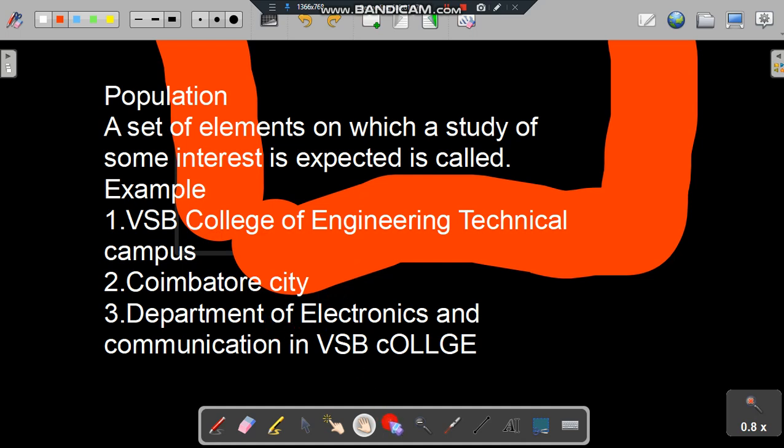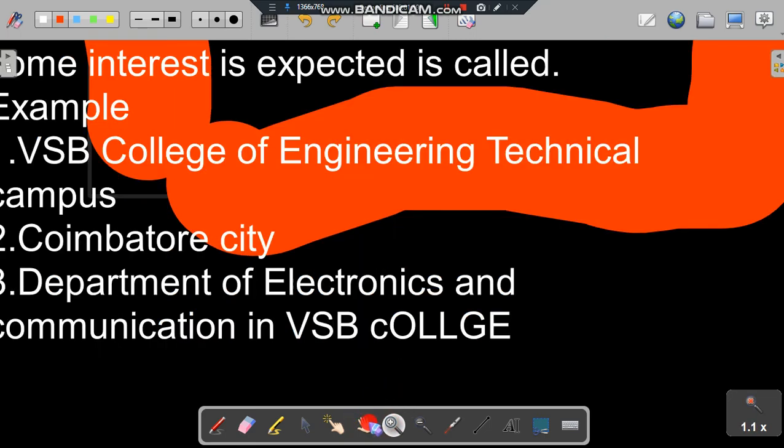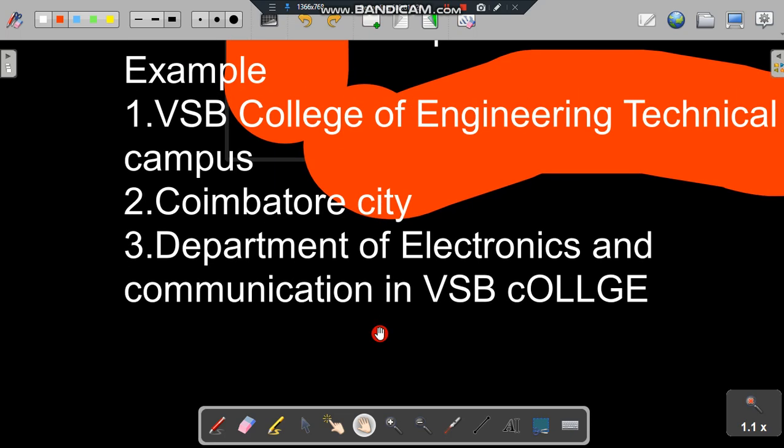The third example is the Department of Electronics and Communication Engineering, that is ECE, in VSB College. We can take it as a population because all the elements in that particular department are students.